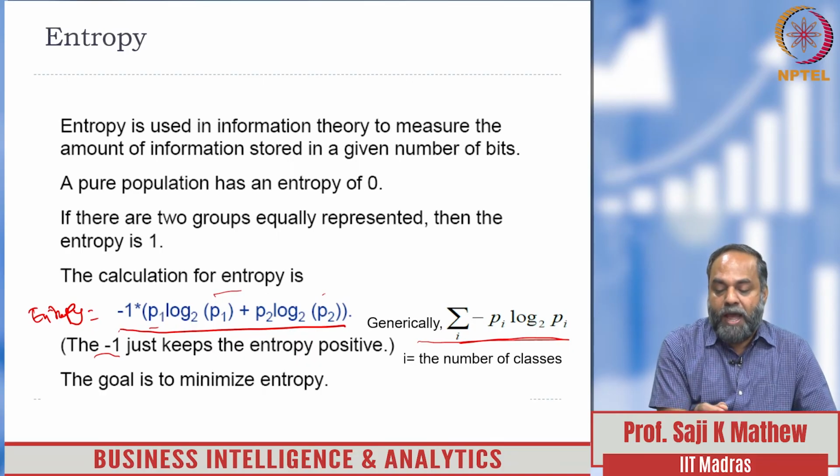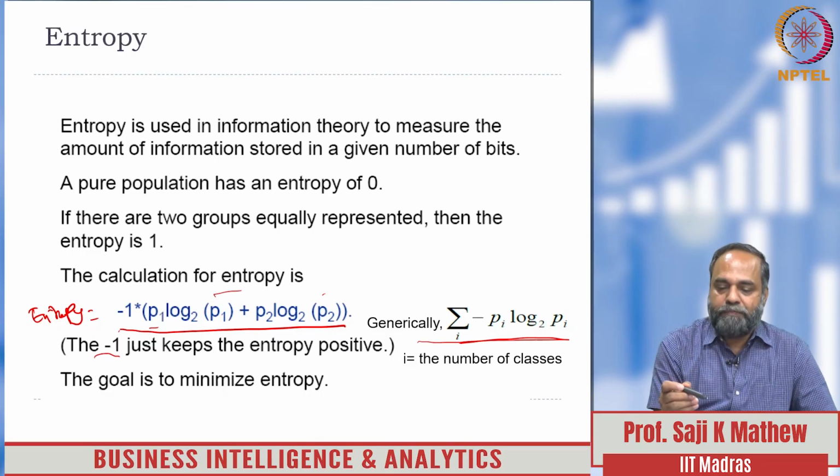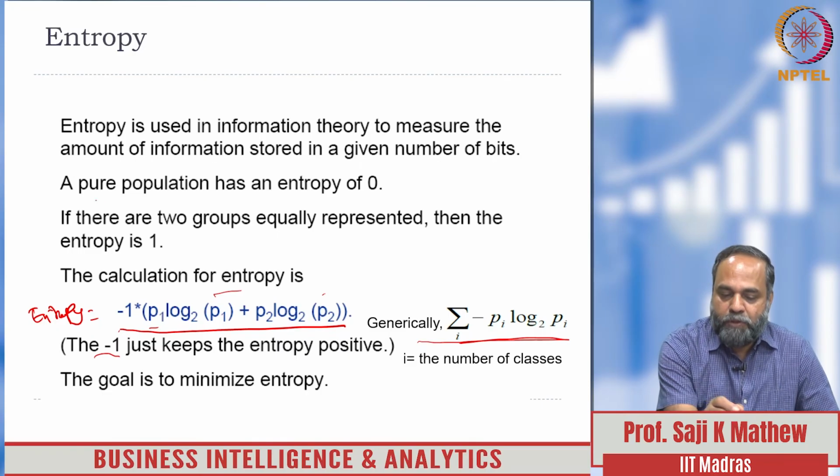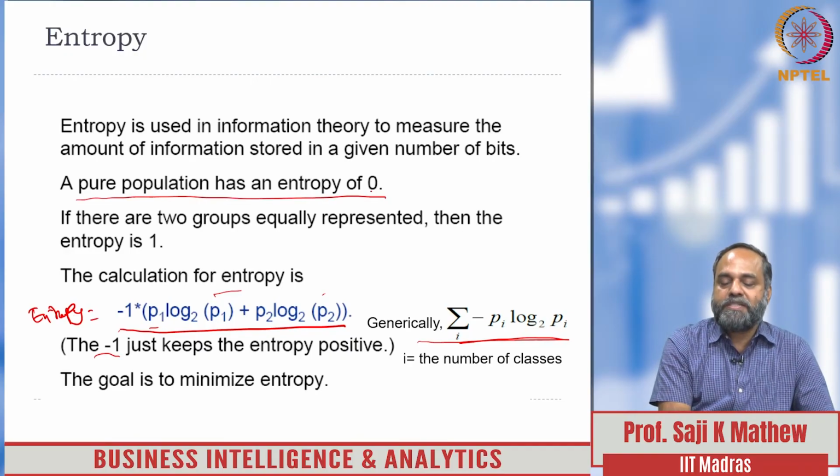And so therefore entropy is also a measure of purity, and a pure population has an entropy which is 0.